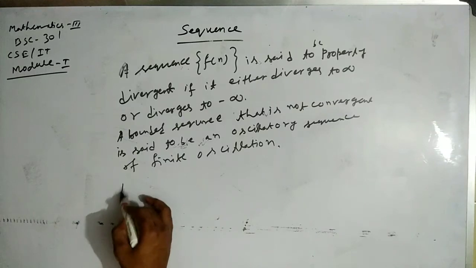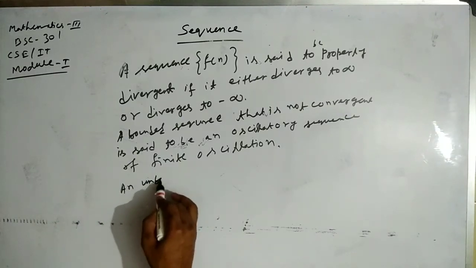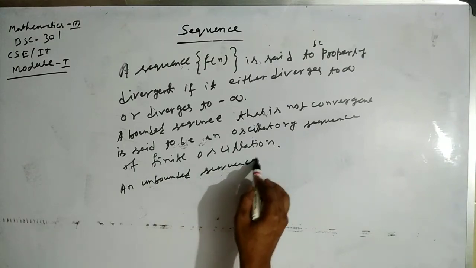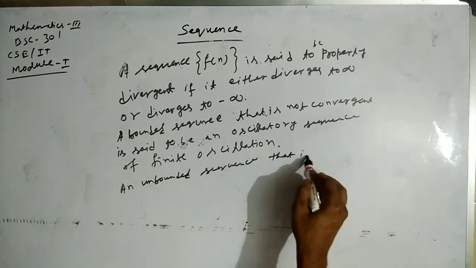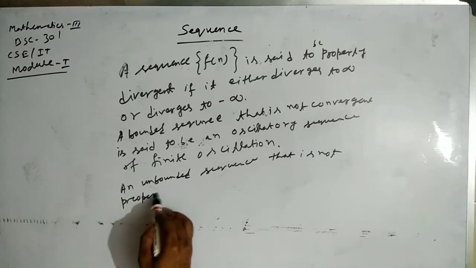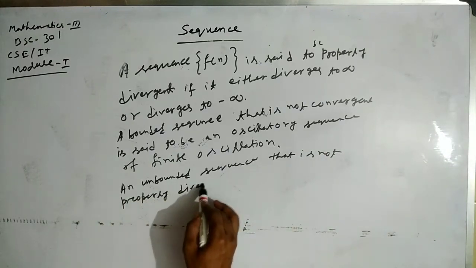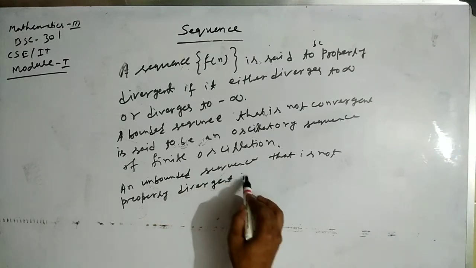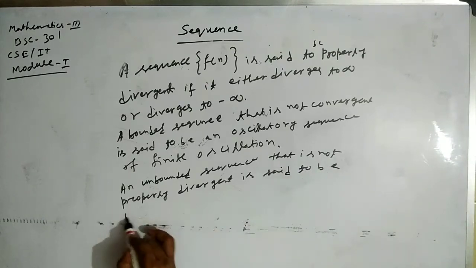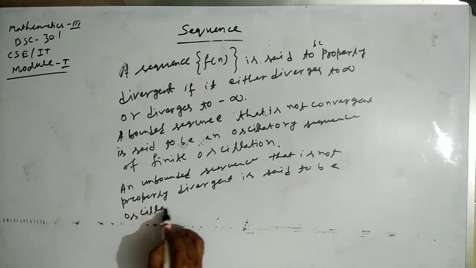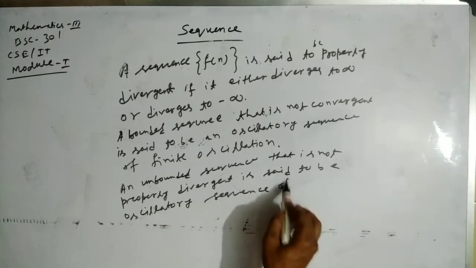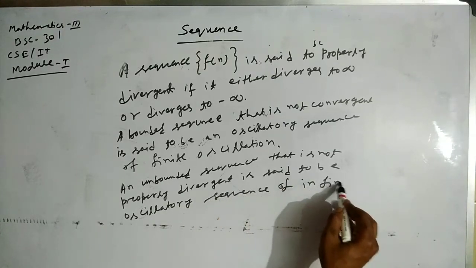Okay, now an unbounded sequence that is not properly divergent is said to be an oscillatory sequence of infinite oscillation.